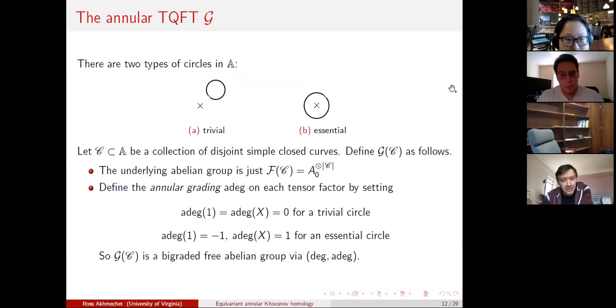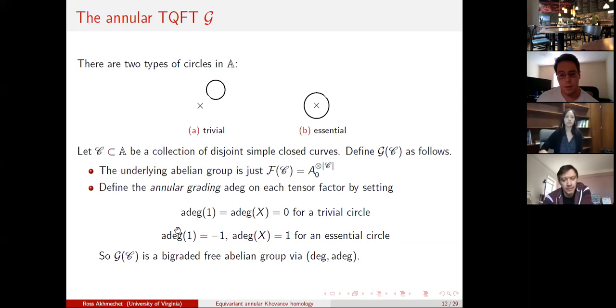Yes, so that's on the previous slide. You have a bunch of circles in the annulus, and each one of them contributes this A null to the module. For a trivial circle, the annular grading there is entirely just 0. If it's an essential circle, then those generators have annular degree equal to their quantum grading, for example.